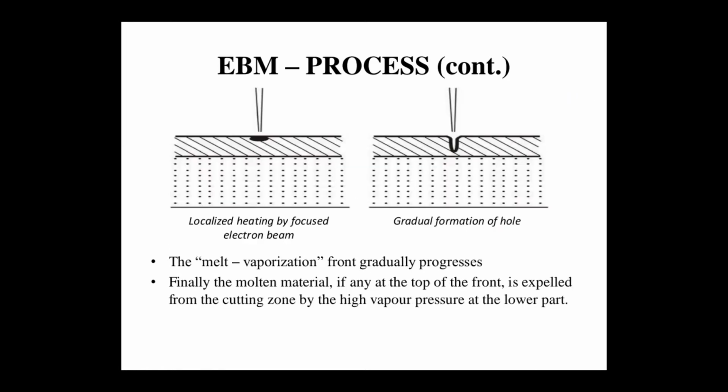Here I have shown the diagram: the first is localized heating by the focused electron beam. Second, formation of the holes. The melting and vaporization front gradually progresses, and finally the molten metal, if any, at the top of the front is expelled from the cutting zone by the high vapor pressure at the lower part.